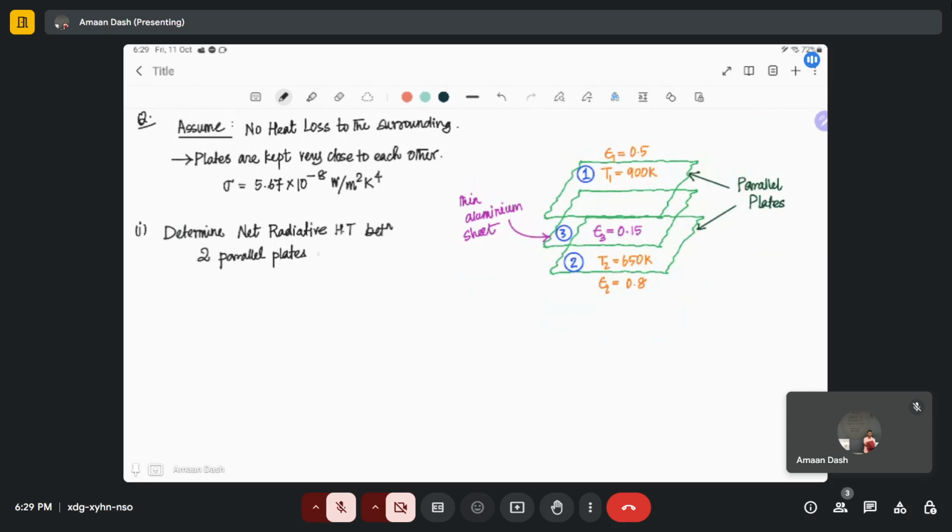So assume no heat loss to the surrounding, as these plates are kept very close to each other.